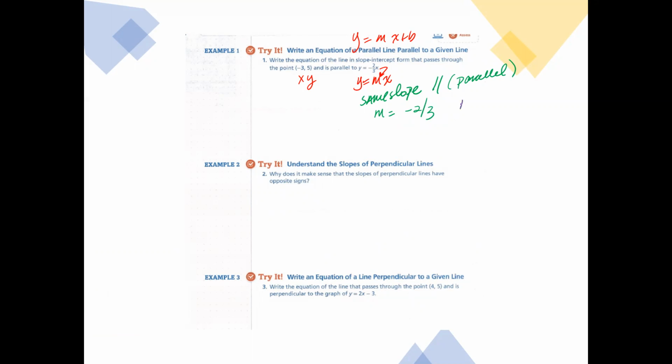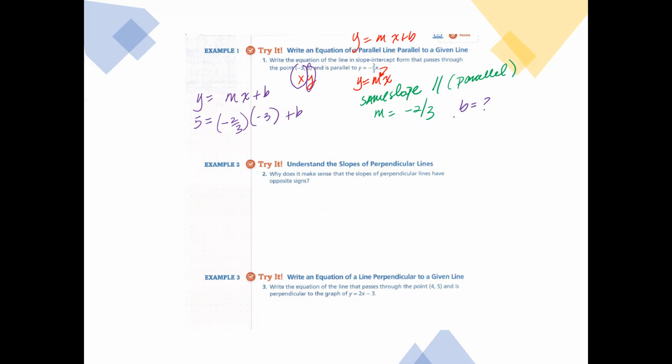Now I need to figure out what my y-intercept is so I can complete the equation. My equation is y equals mx plus b. My y, as you know, is 5. My m is -2/3, and my x is -3.